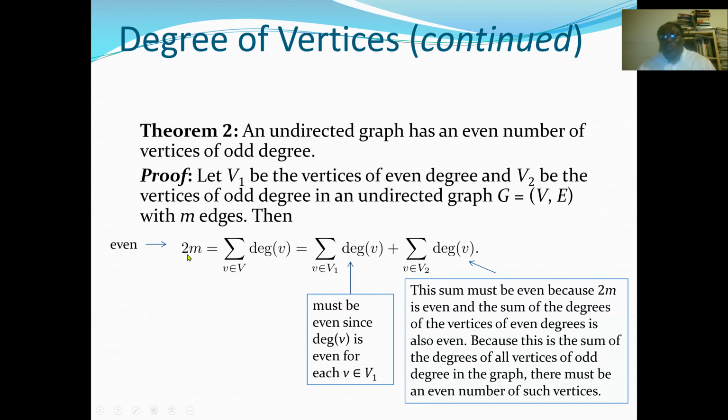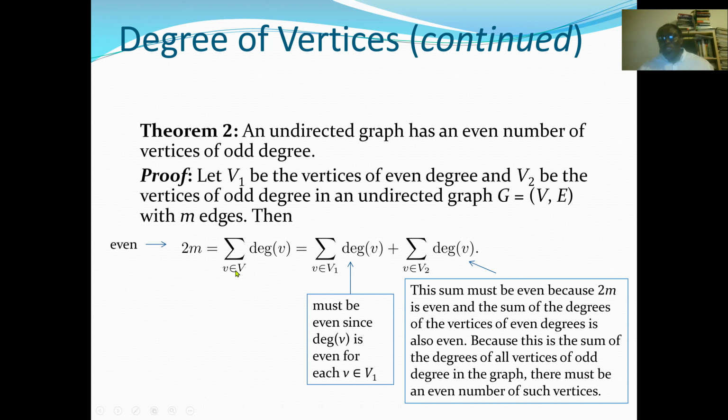Then 2m, where m is the number of edges, equals the sum of the degrees over V, which gives the sum of the degrees of v when v belongs to V1.